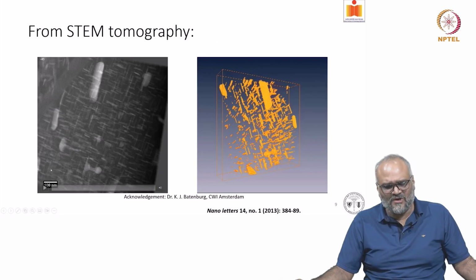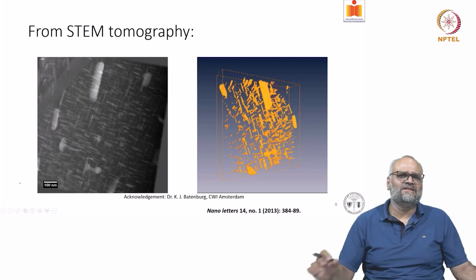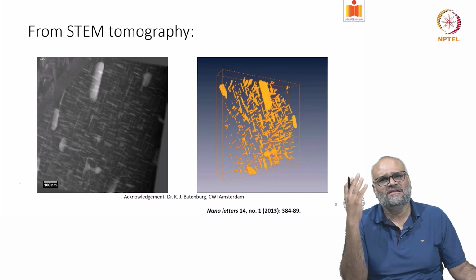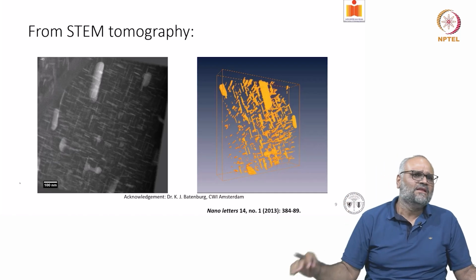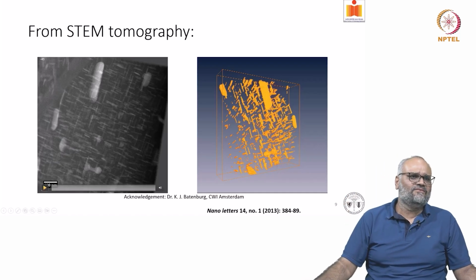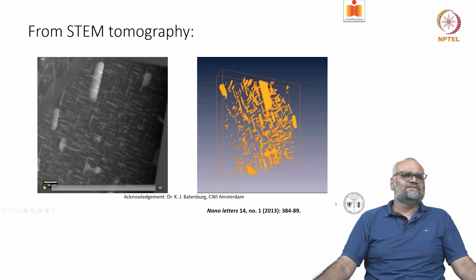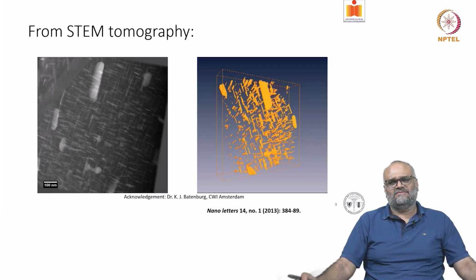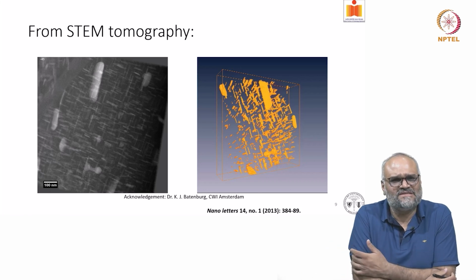there is the problem of projection limitation in transmission electron microscopes, and whatever you see is actually a projected image of a three-dimensional structure. So if you do something called STEM tomography, this is a technique similar to the CT scan that you do for any kind of biological investigation.